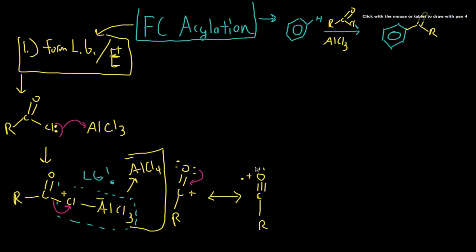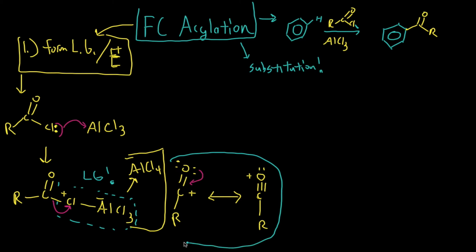This molecule here is the structure, but this is what determines the reactivity. So let's draw, we've already drawn the formation of the leaving group, let's draw the substitution reaction. I just want to clarify that this is our electrophile for this reaction. So let's go ahead and just draw out the substitution reaction.